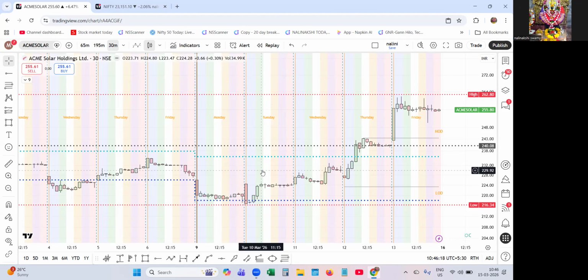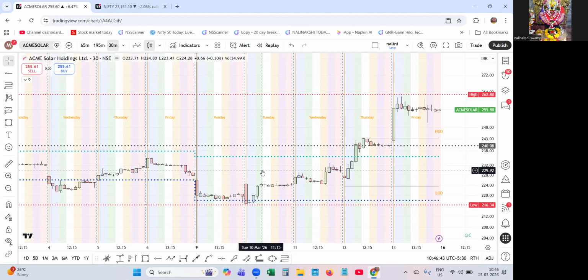This is a customized proprietary indicator created by me. Every 65-minute time cycle is plotted with background colors, so it is visually attractive and catches your eye.